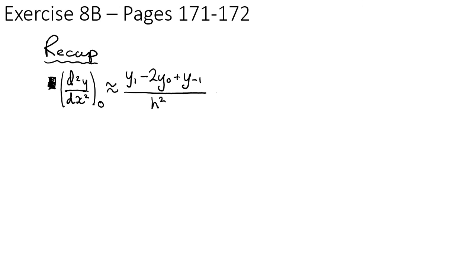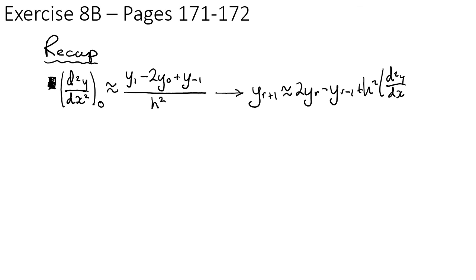That can be rearranged into an iterative form: yr plus 1 is approximately 2yr minus yr minus 1 plus h squared times d squared y over dx squared at r, for r equals 1, 2, and so on.